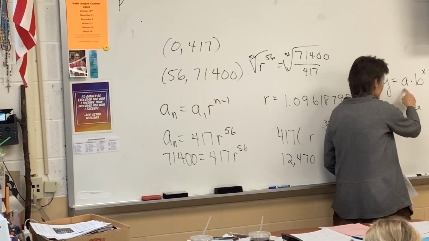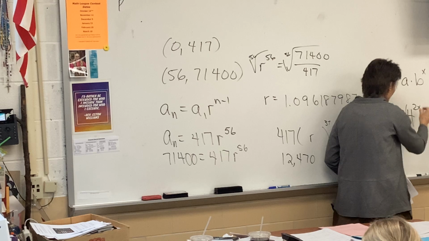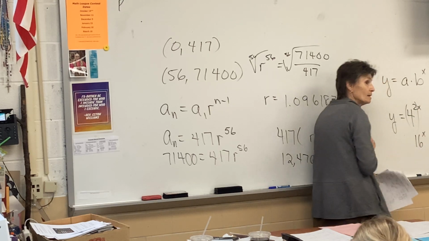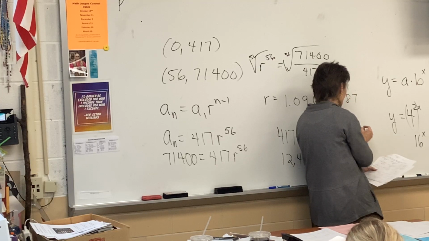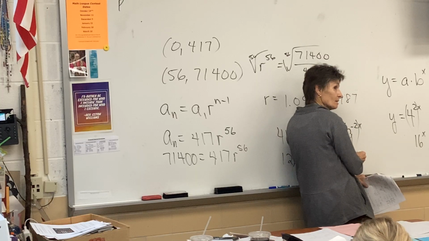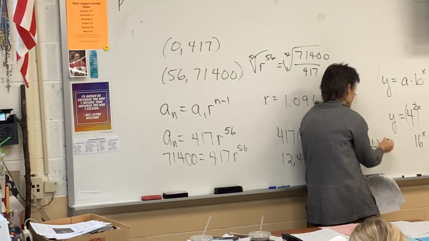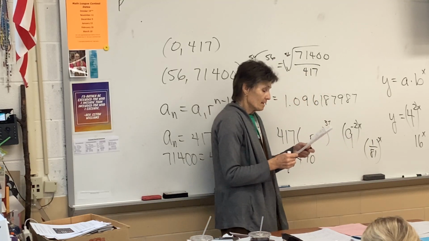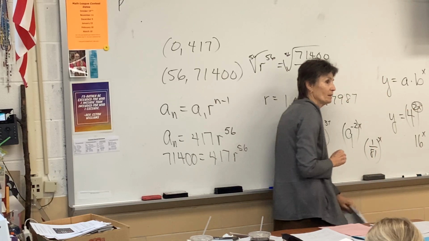Well, I don't have a leading coefficient, so I'm okay, but I also don't have an x. So I'm going to break that apart, split it, and think of it as 16 to the x. And then the other one would be exactly the same thing. This is 1 over 81, so that would be 1 over 81 to the x. You can only do that because these exponents were multiplied.